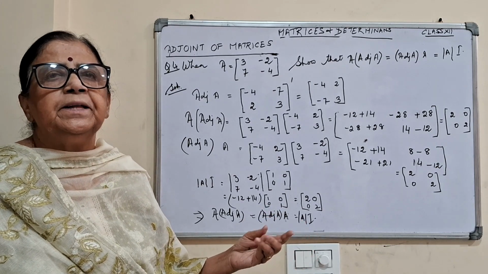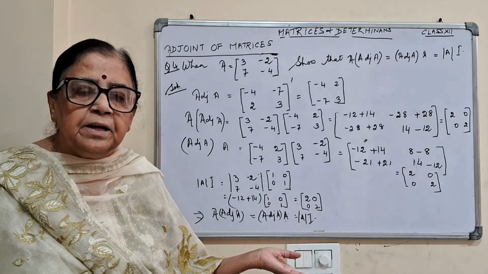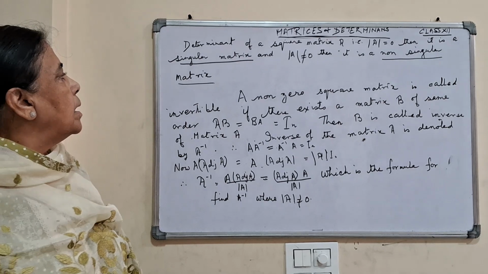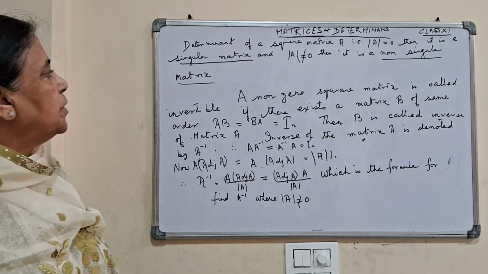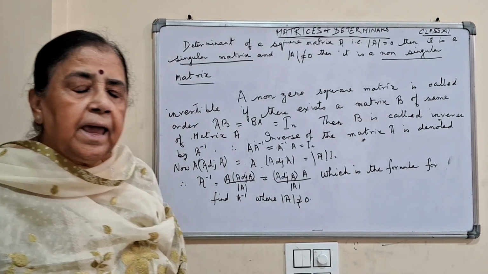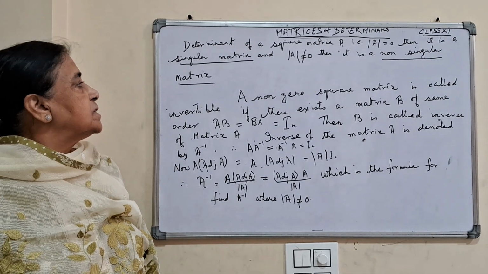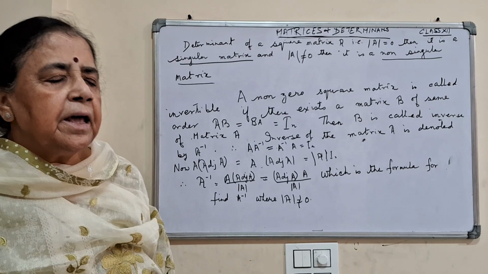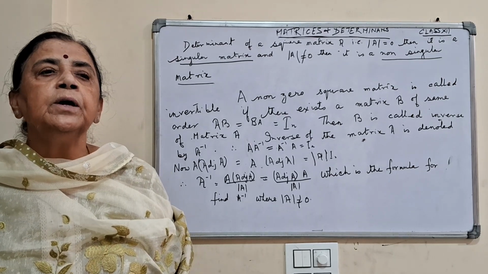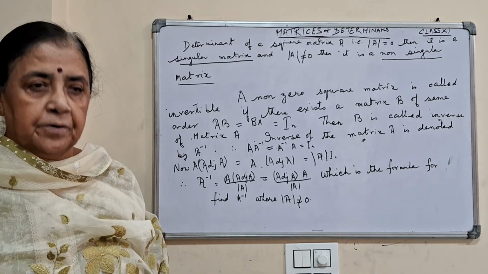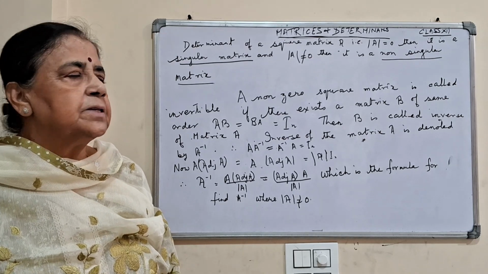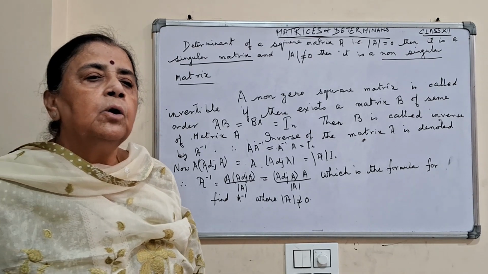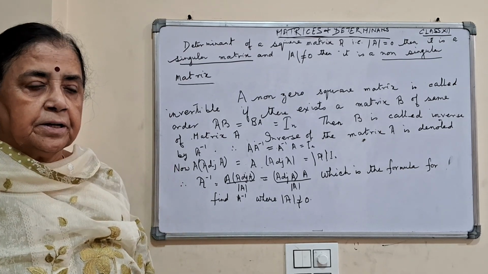Now next I will be telling you about the inverse of a matrix. The determinant of a square matrix A, that is mod of A, if it is equal to 0, then we call it a singular matrix. And if it is not equal to 0, then we call it a non-singular matrix.